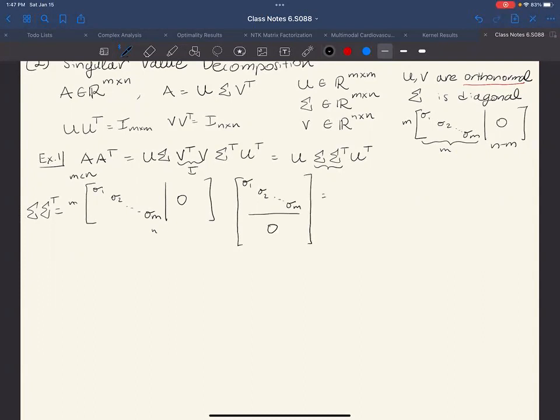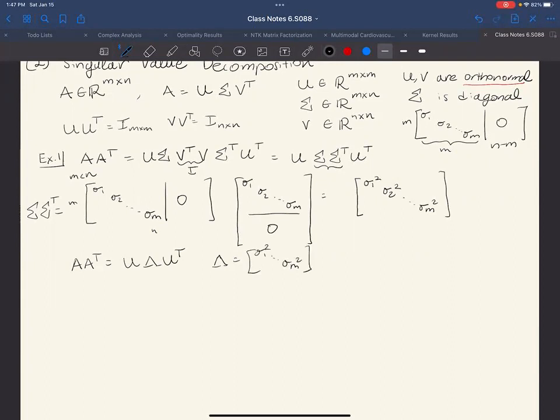And if I just multiply these two, I should get an M by M matrix. That's just sigma 1 squared, sigma 2 squared, up to sigma M squared. Okay. So now A A transpose, we've written it in the form U lambda U transpose. And now my lambda is just this matrix of sigma 1 squared through sigma M squared.